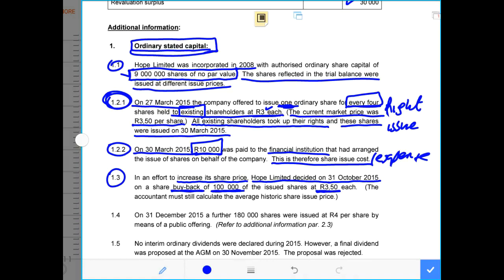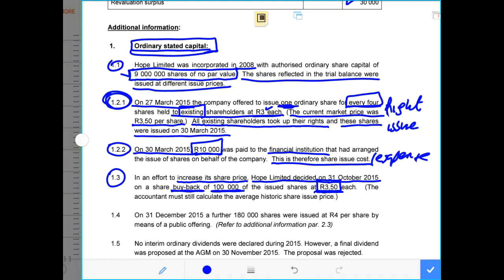It means we need to know the issue price, and compare it with the buyback price of 3 rand 50. The difference between the two will be the so-called premium.